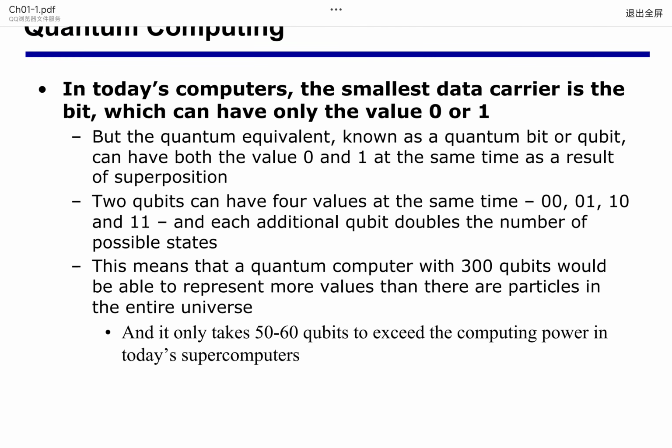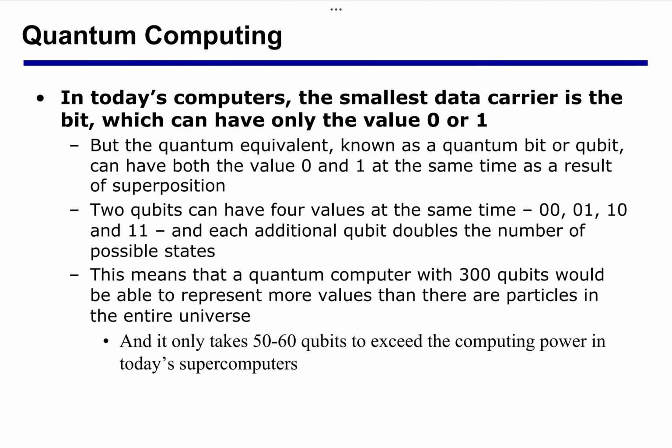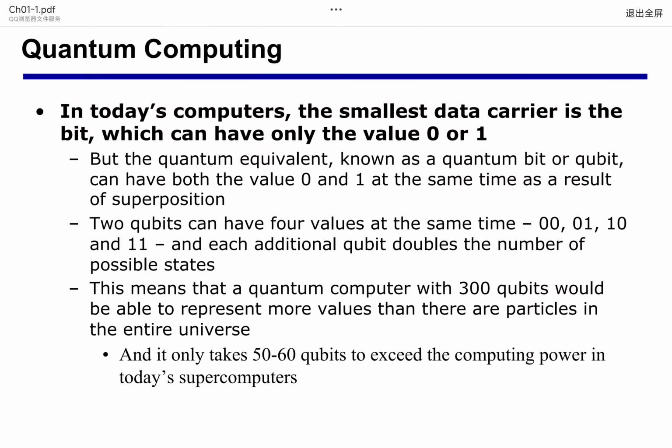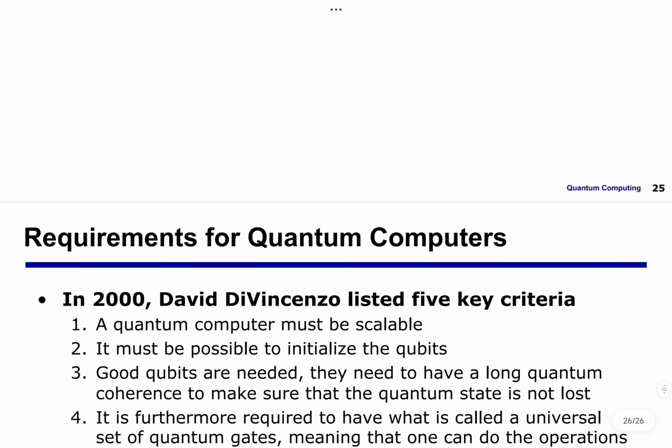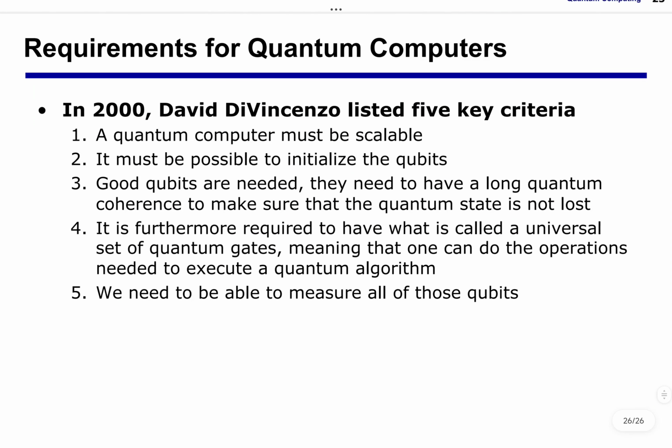There is a comparison with today's computers, which is very interesting: the binary operation is very classical. The requirement, from 24 years ago, is that David DiVincenzo defined the list of five key criteria that must be satisfied.